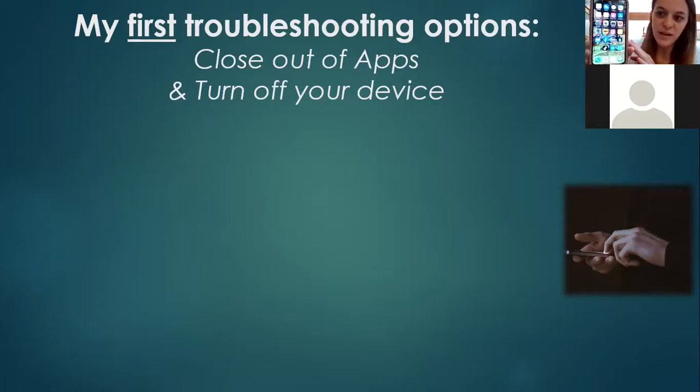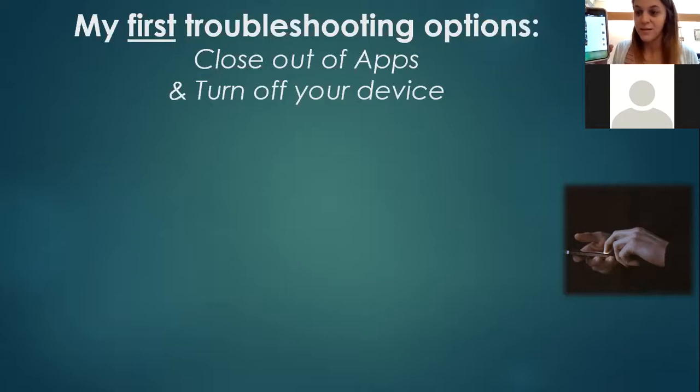So for example, you'll see my screen on here. If I lift up my finger on my device, this is a newer iPhone, so there's no home button. I'm able to look at the different apps that are open, and I can swipe my finger up as if I'm getting rid of them. Now, if you have a device that still has a home button on the bottom, for example, I have my iPad here, and on the bottom, you'll notice there's a button.